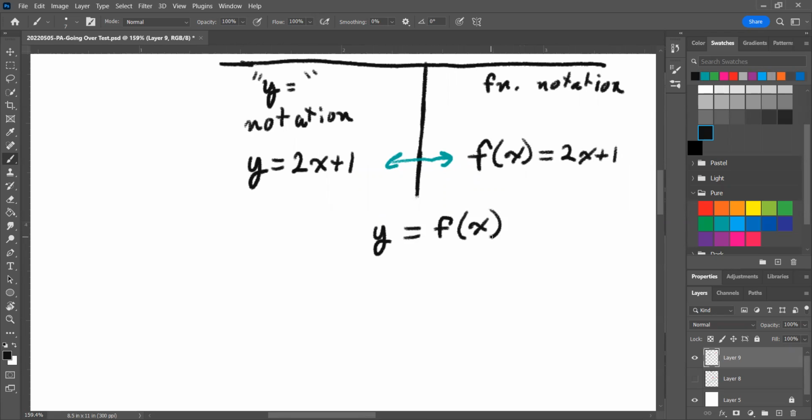The other thing that I want to say, and this one is really, really important, and this is a number one confusion spot, is that f of x does not equal f times x. That's not what that equals.